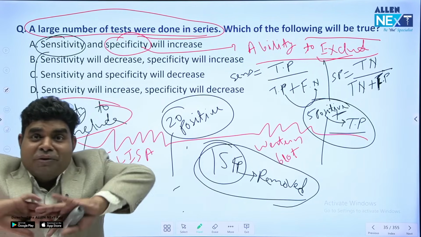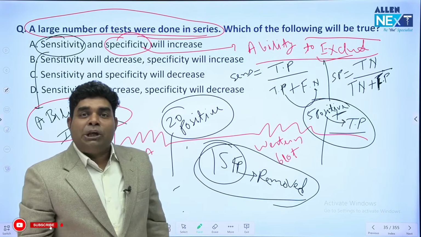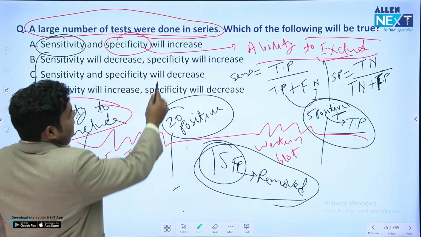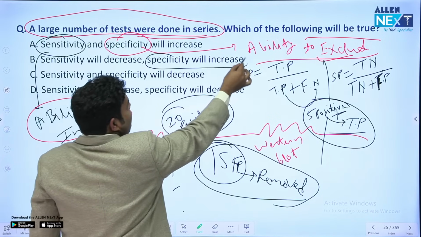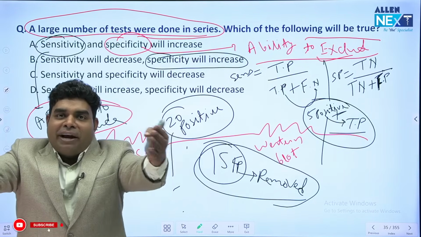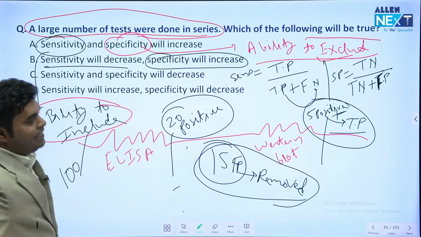And whenever you are removing people, excluding people, your specificity will increase. So specificity will increase. But when you are removing people, it means you are including less people. So sensitivity will decrease.